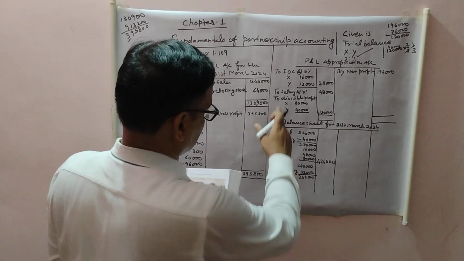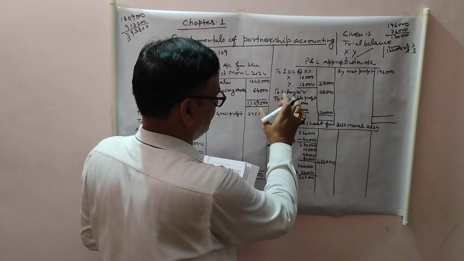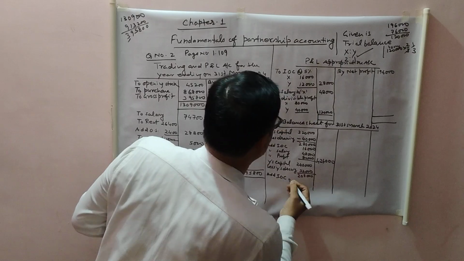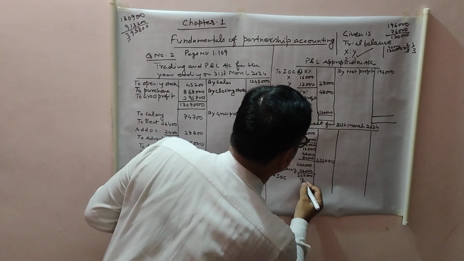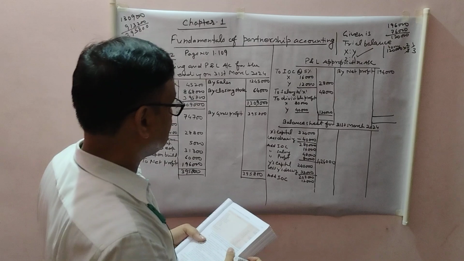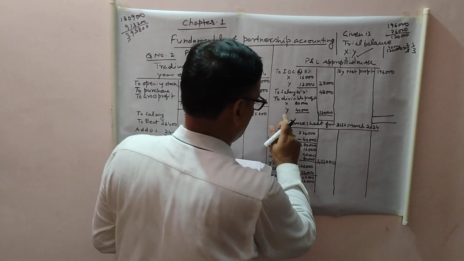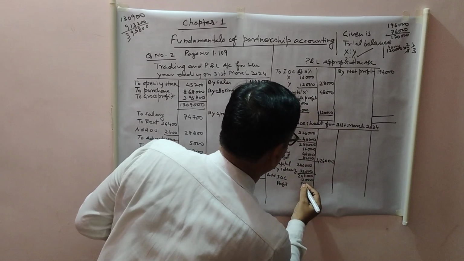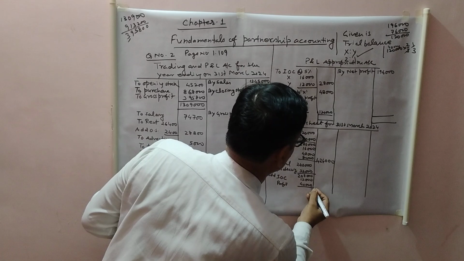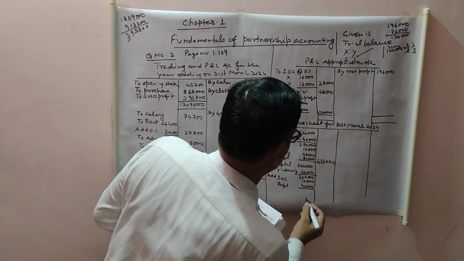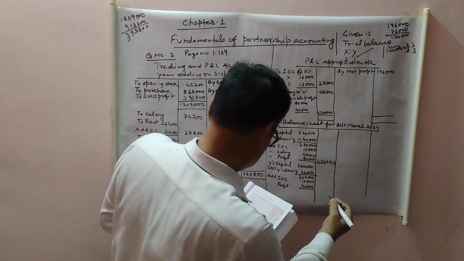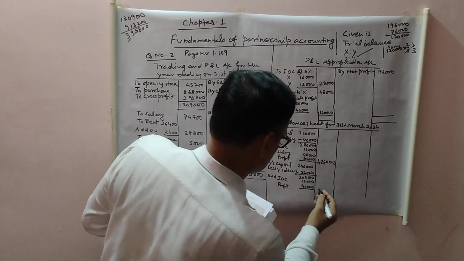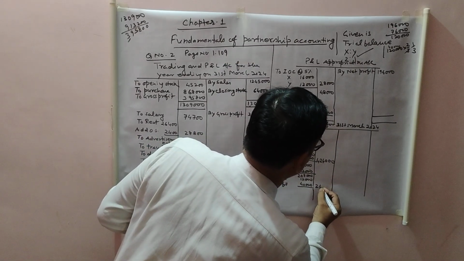Then let us see what are the amounts payable to Y. Add interest on capital 12,000. Then no salary is given, but profit is there, 40,000. So what is the total amount? This is 2,60,000.